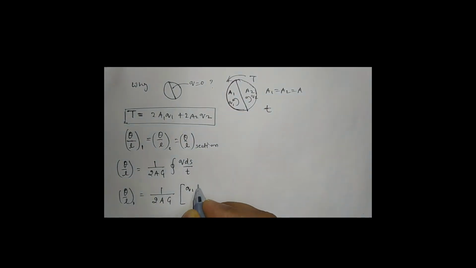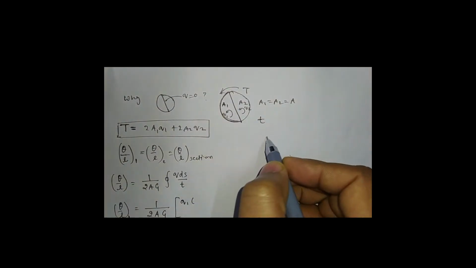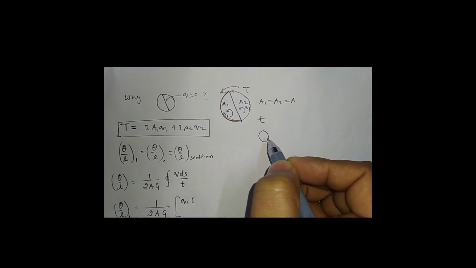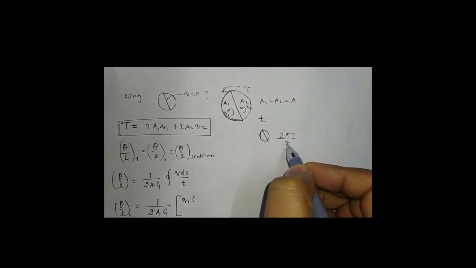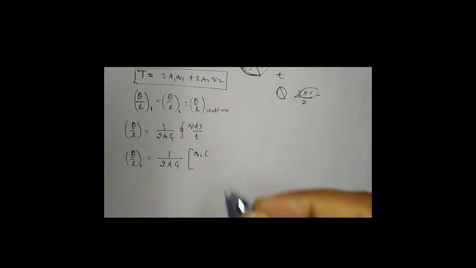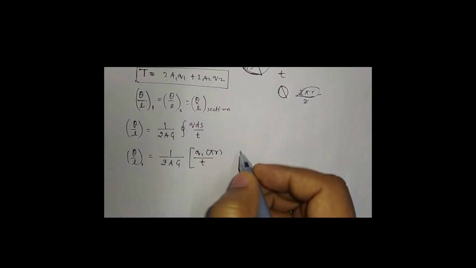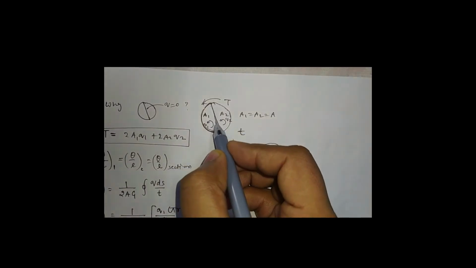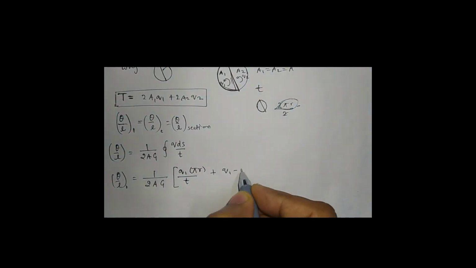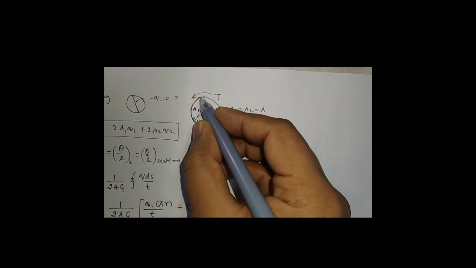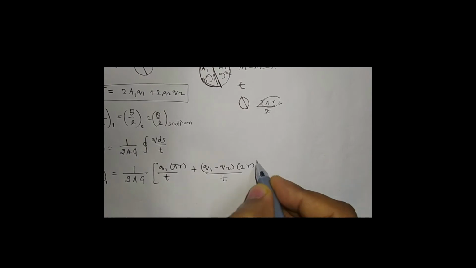So Q1 into parameter, what will be the parameter? 2 pi r divided by 2, because we know that the parameter of this circle will be 2 pi r and half of that will be pi r, pi into r, and thickness is assumed to be T. And shear flow in this central web will be Q1 minus Q2, and this is the parameter, which is nothing but 2 into r divided by T.